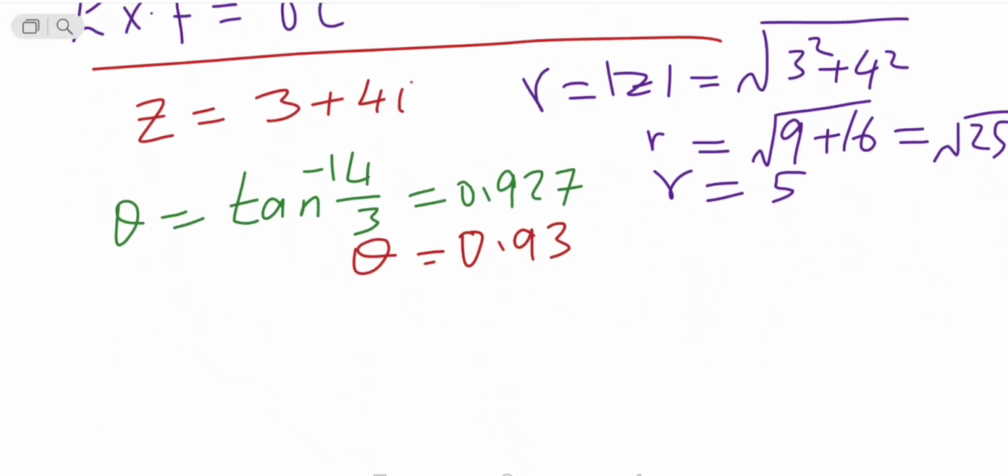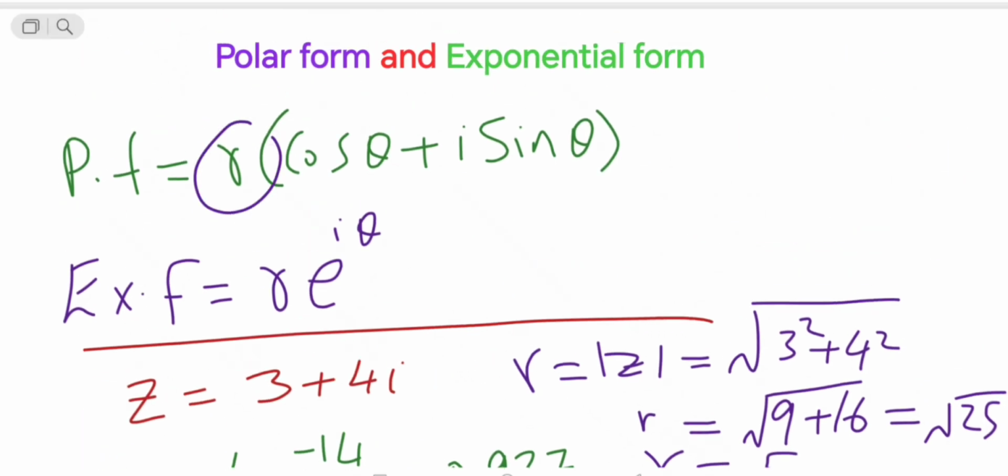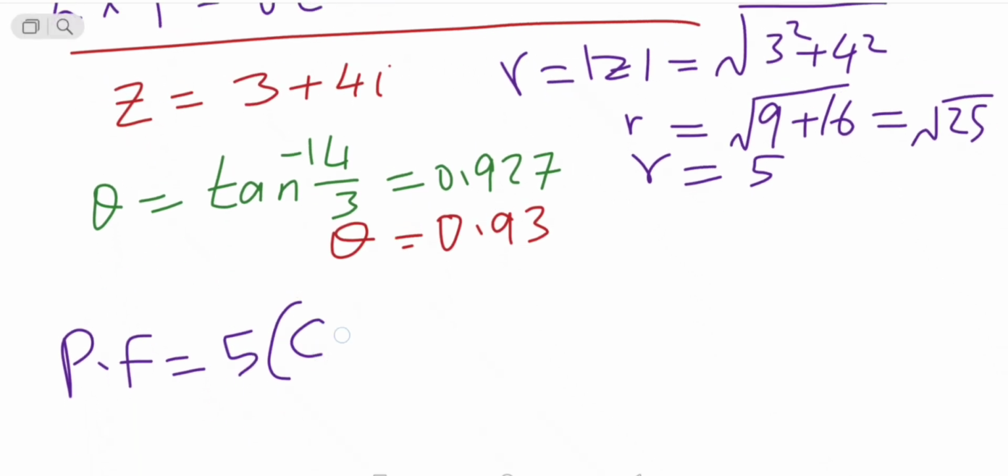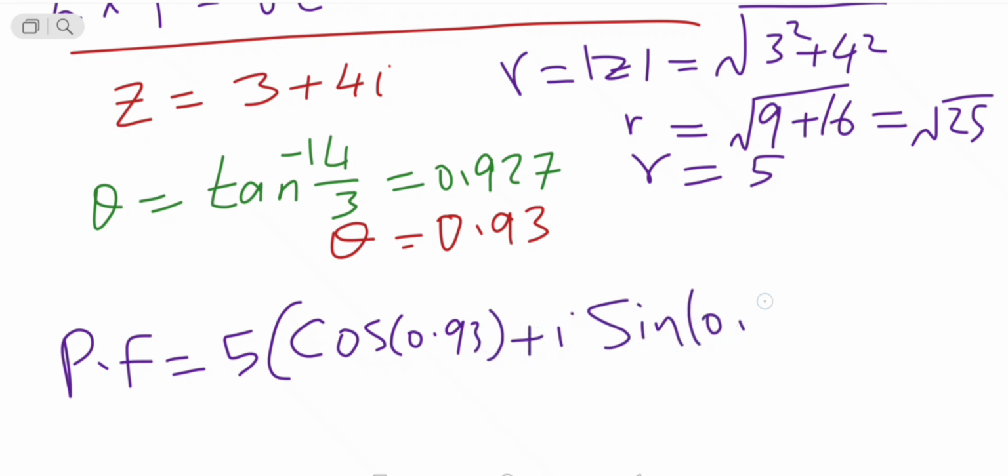So now we will write in a polar form. The polar form is equal to r, so replace r. What is r? We have 5 bracket cos, what is theta? 0.93 plus iota sin, what is theta? 0.93. This is our polar form. So now we will write exponential form.